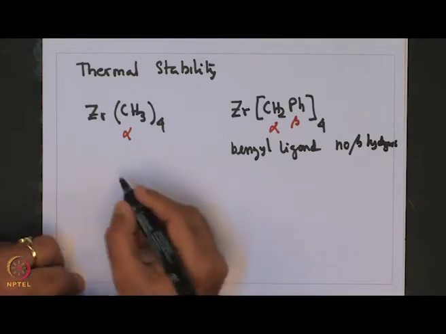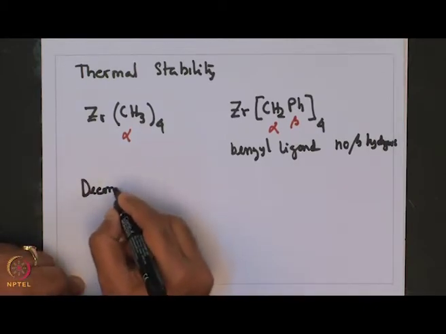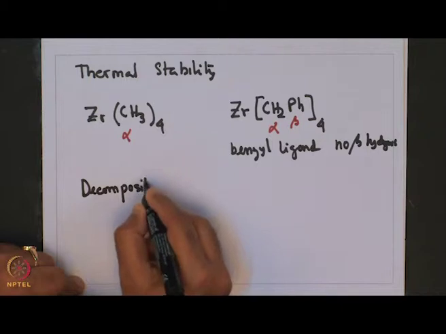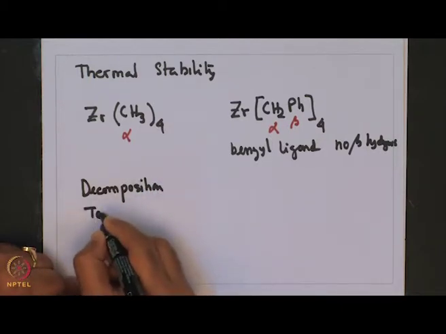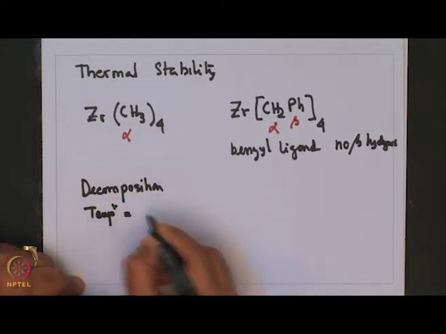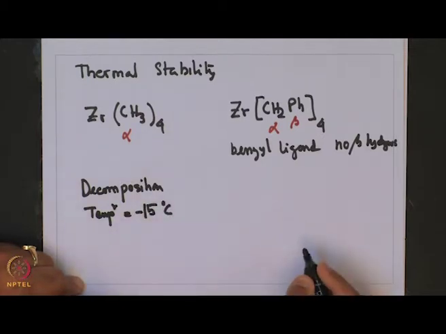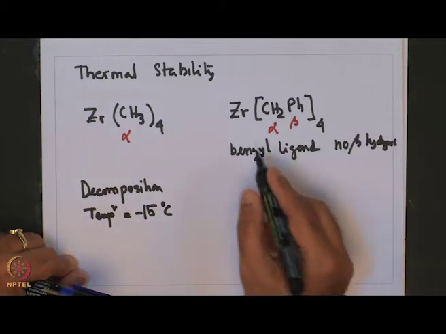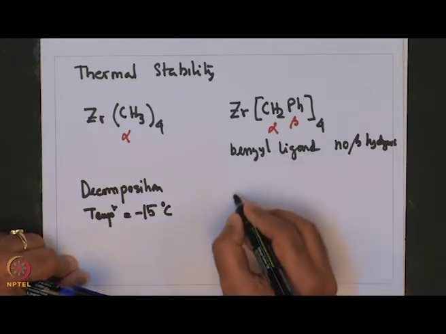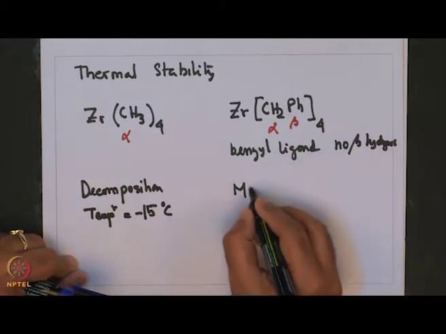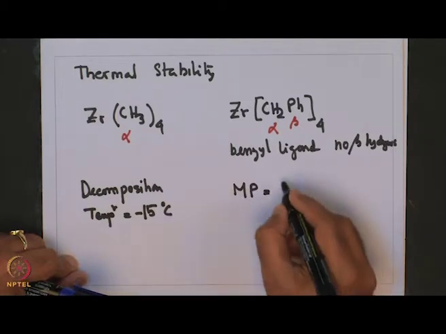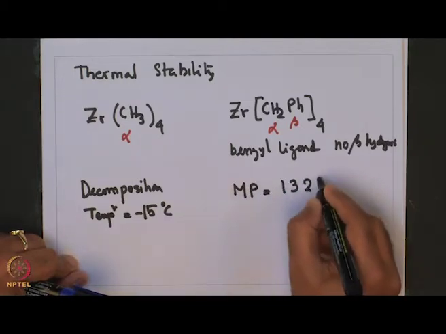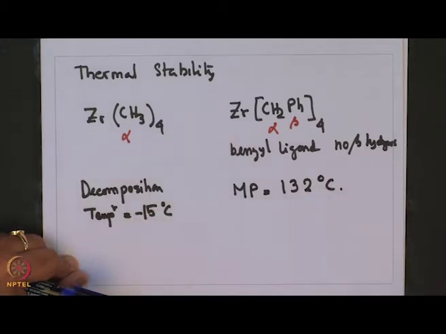In this case, the decomposition temperature is minus 15 degrees centigrade, whereas for zirconium tetrabenzyl the melting point is 132 degrees centigrade.